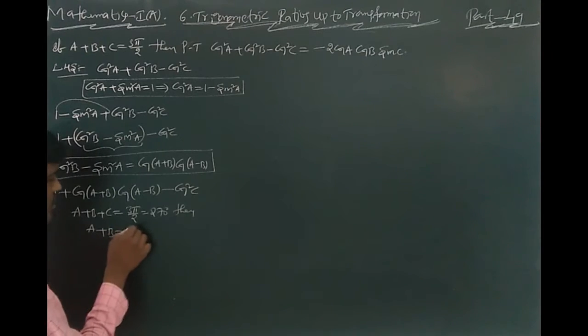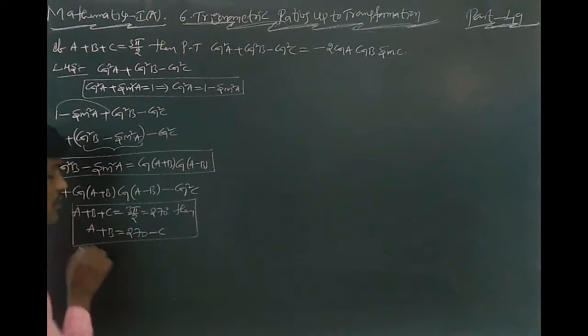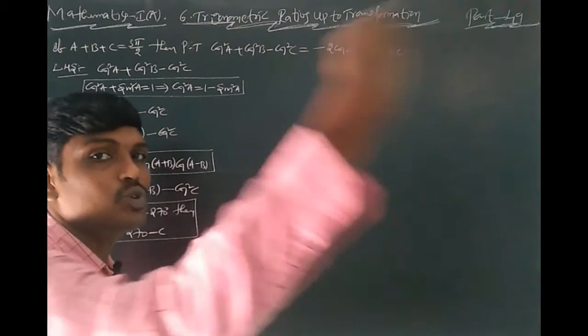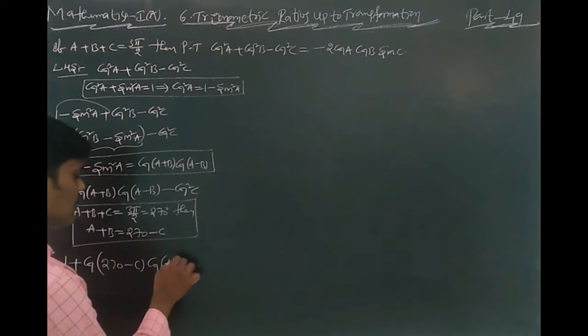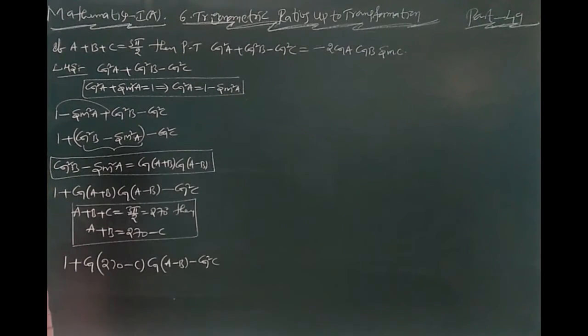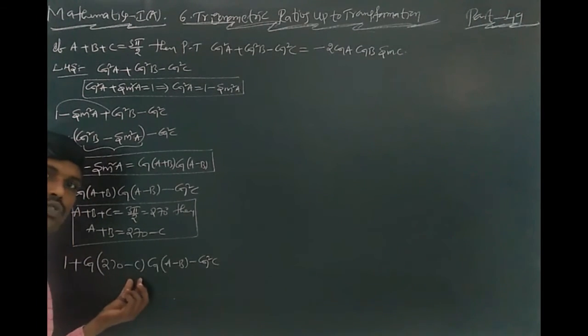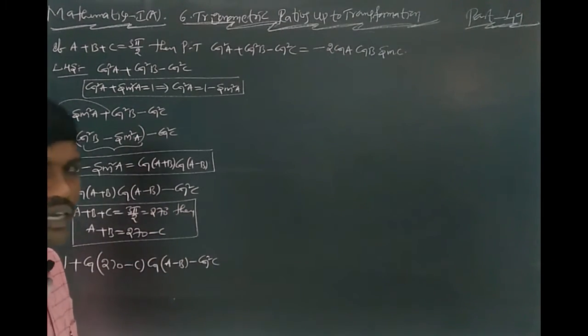A plus B is equal to 270 minus C. Correct or not, students? 270, C goes to the right side, you get minus C. After that, 1 plus cos of A plus B, value is cos of 270 minus C, into cos of A minus B minus cos square C.